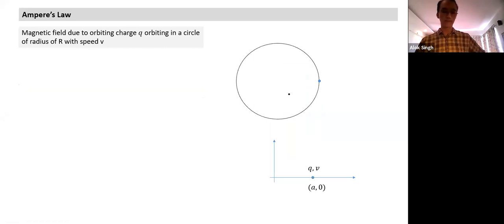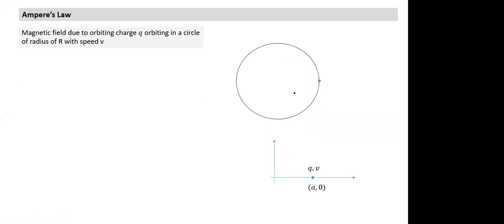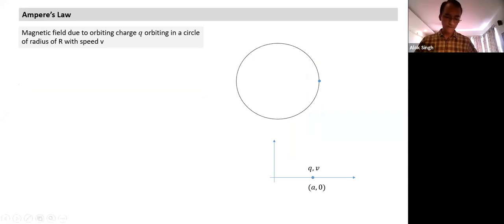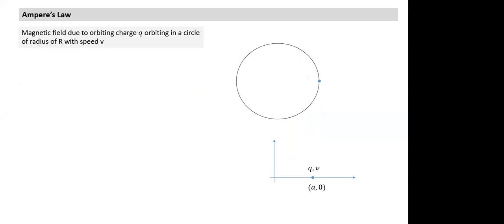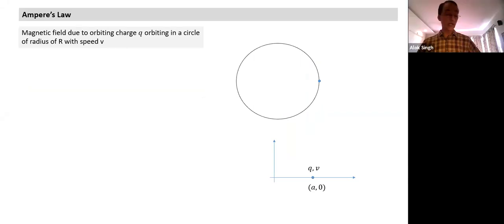Is it a continuous or discontinuous function in the case of a spherical shell of charge? It is discontinuous. Look at the sudden change here. We don't know which part is enclosed and which is not. If it is really a shell of negligible thickness, then exactly on the shell we don't know. Just inside we know, just outside we know, and there's a discontinuity. But if the shell has some finite thickness, then it will change in a continuous fashion.